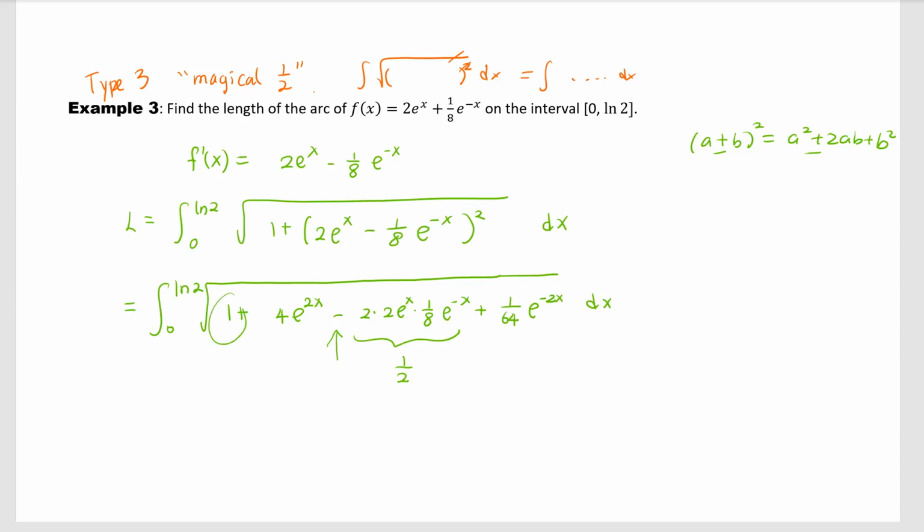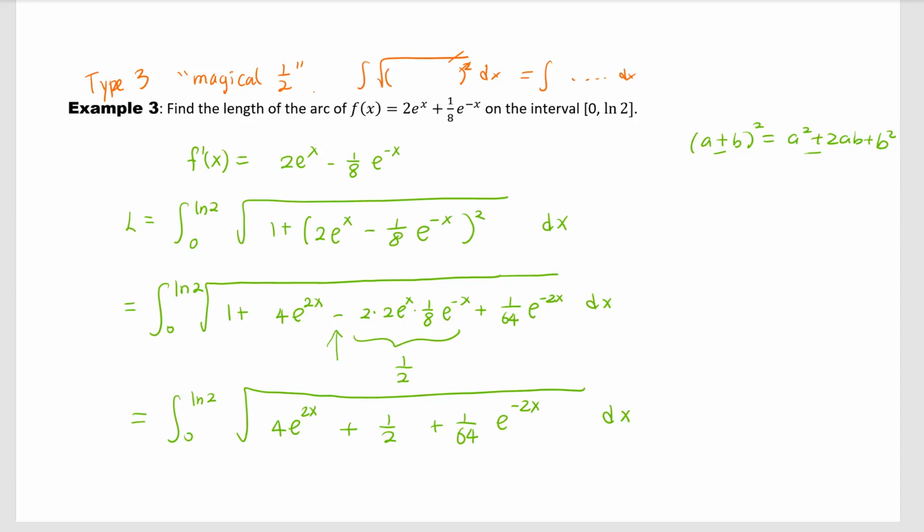So when we combine with the 1 minus 1/2, what is that? Is positive 1/2, right? So 4 e to the 2x, keep it there, and 1 minus 1/2 is another 1/2. So far, so good, everybody.